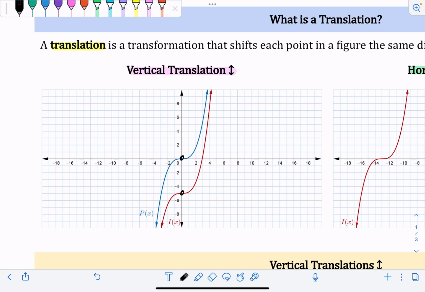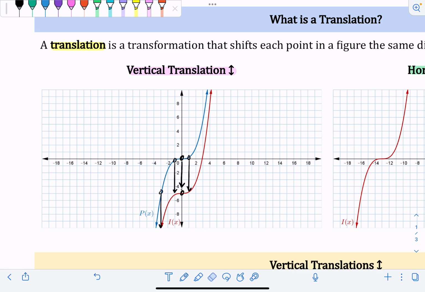It doesn't say it on here because we're just noticing the change in the graph. But let's say I take p of x, which is that blue function, and I just shift it downward. I move every single point down. It looks like 1, 2, 3, 4, 5 units. I get the new graph I of x. So every single point on p of x moves down 5 units to get I of x.